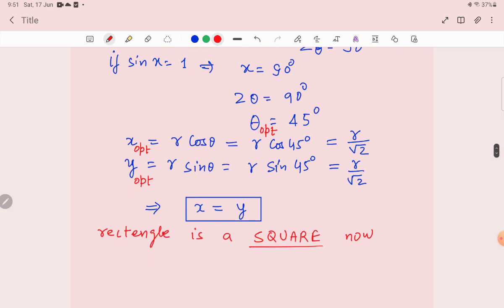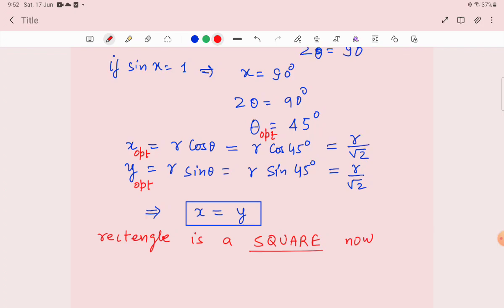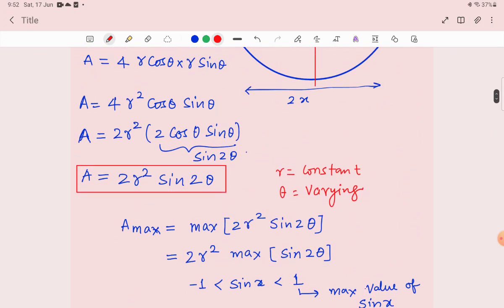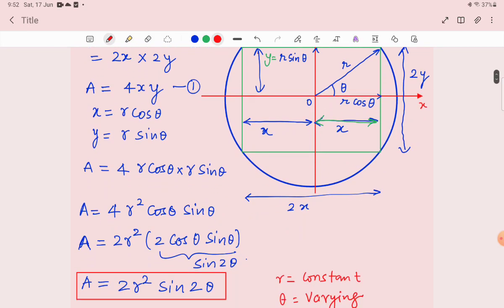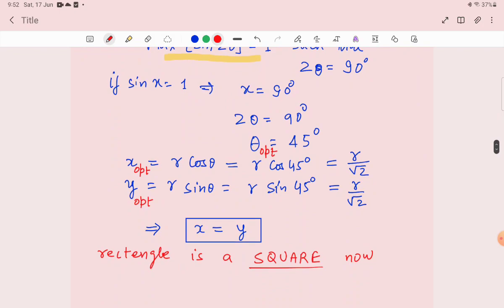So this is a very beautiful result that one can see here, which we have got by solving this using the trigonometric and geometric method, by using the x and y axis with r cos theta and r sin theta.